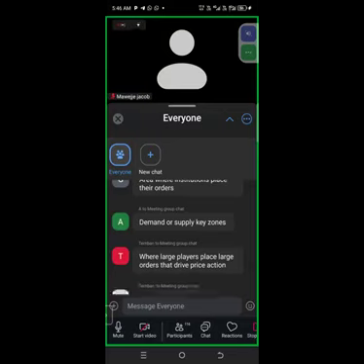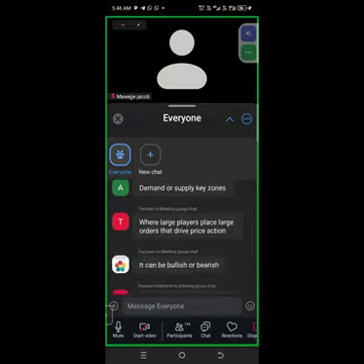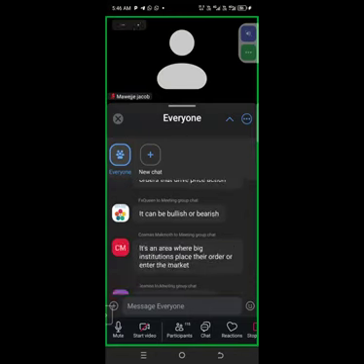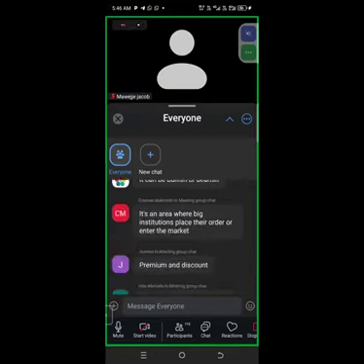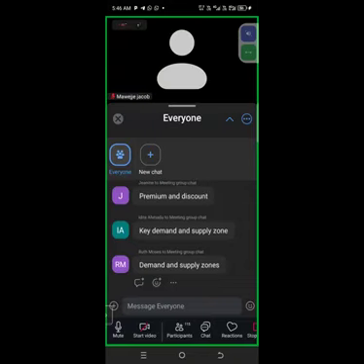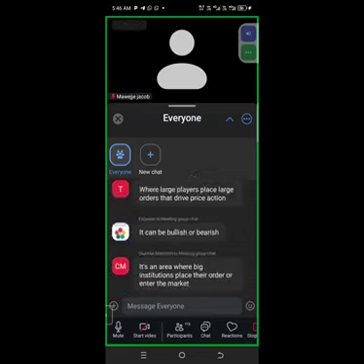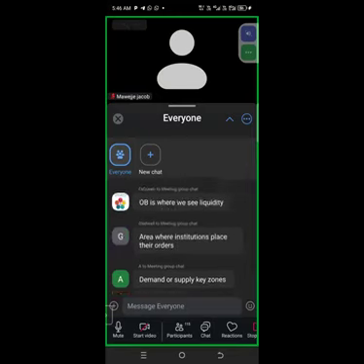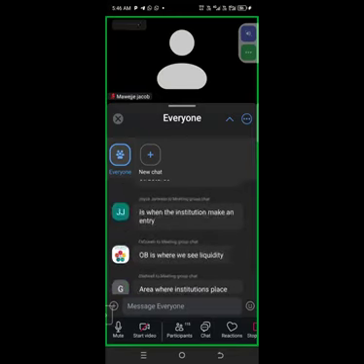Okay. So where large players place large orders that drive price action. It can be bullish or bearish. It's an area where big institutions place their order or enter the market. Premium and discount. Key demand and supply zone. Demand and supply zones. Okay. So OB is where we see liquidity.